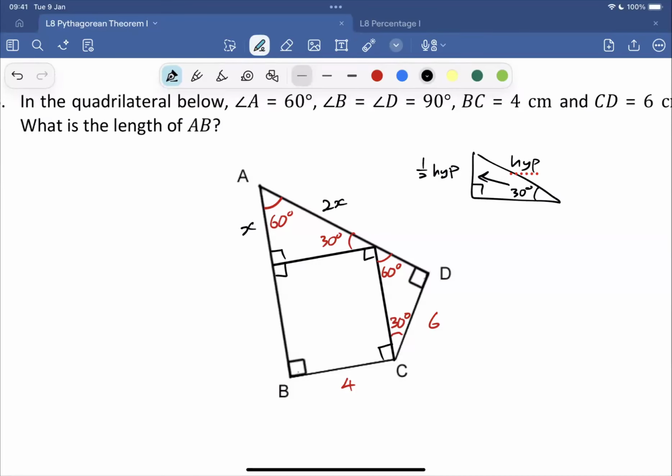If I call this y, then this side must be 2y, because y is half of the hypotenuse. Since this is a rectangle, this length and this length must be the same. So this is 2y, and if this is 4, then this length is also 4.